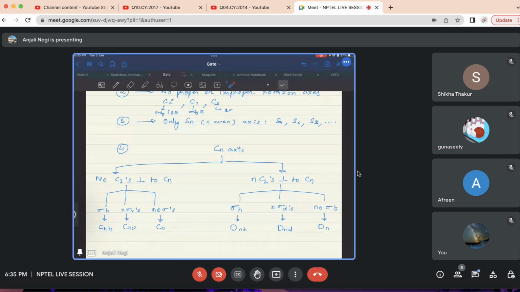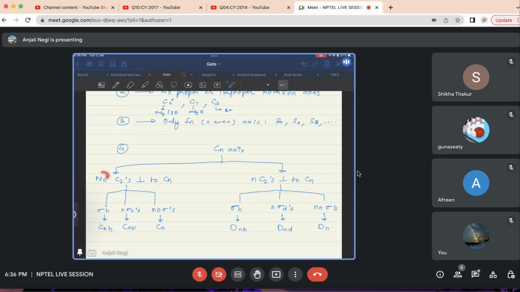Okay, and this Cn axis we have again differentiate into two, that is nC2 C2 axes which are perpendicular to Cn, or no C2 which are perpendicular to Cn.